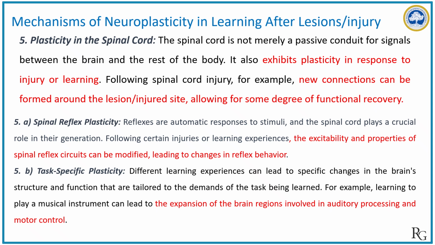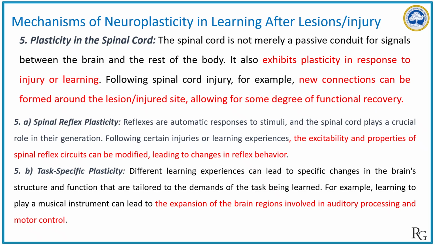And another dimension of this is task-specific plasticity. The nervous system doesn't just adapt randomly; it adapts in a way that is directly tied to what the body is actually practicing or learning. We can take the example of someone learning to play a musical instrument.